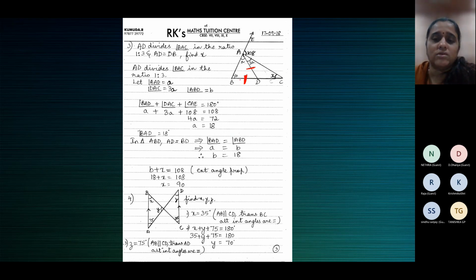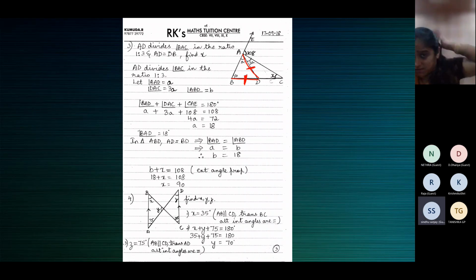Now these two equal sides, BA and AD, where do they meet, children? They meet at D, right?